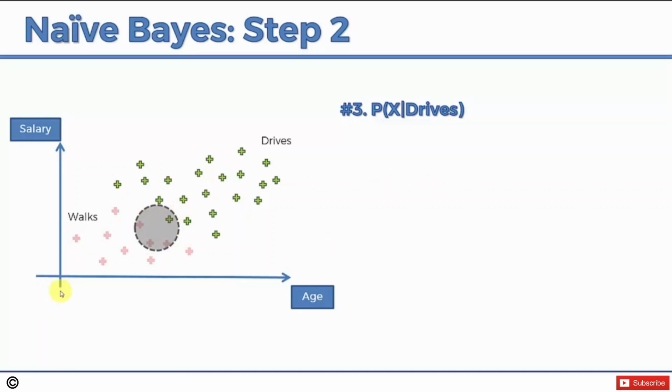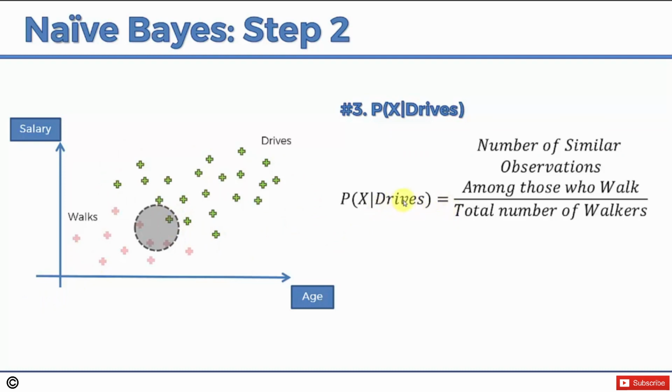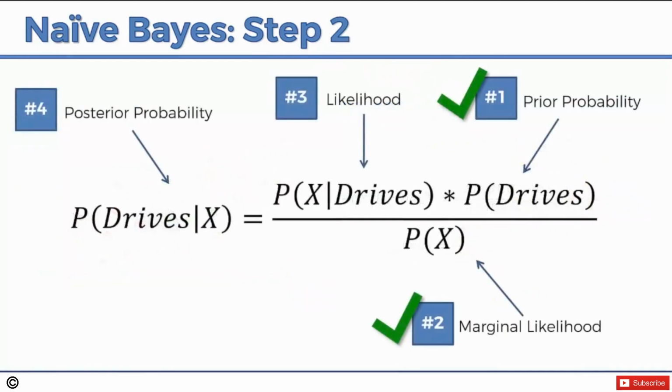The likelihood of that is 1 over the total number of green dots. So P of X given that they drive to work is the number of similar observations among those who drive, which inside here is 1, similar meaning similar to our new point, divided by the total number of drivers, which is 20. So 1 over 20, that is our likelihood.